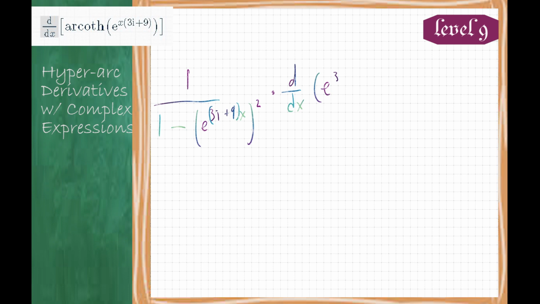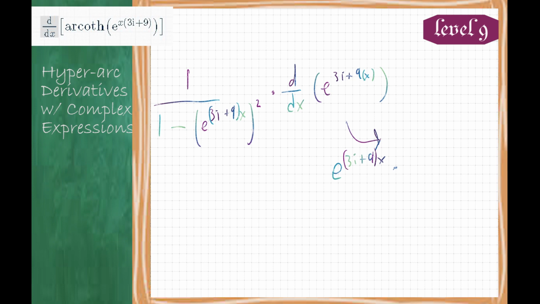Now here we're applying the chain rule again. So it'll be e to all of this times the derivative of what it's being raised to. So this equals e to the 3i plus 9 times x times.